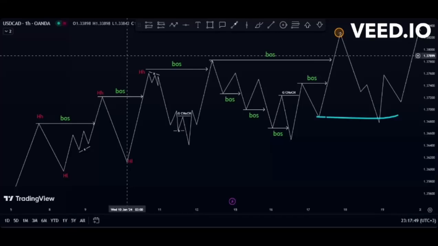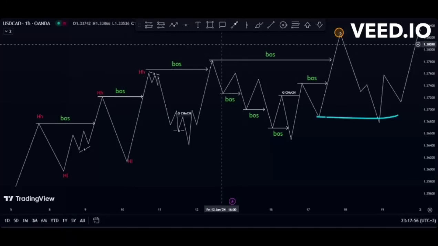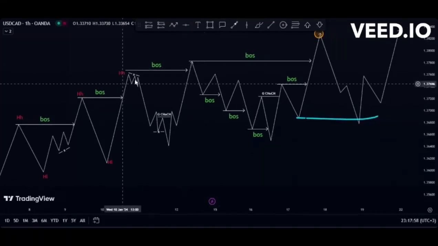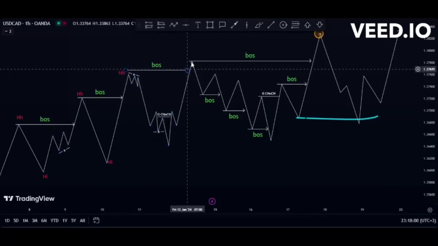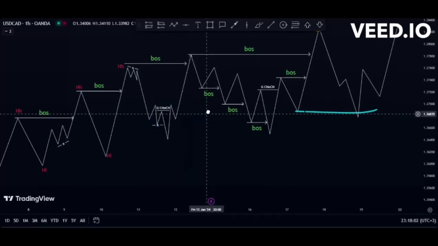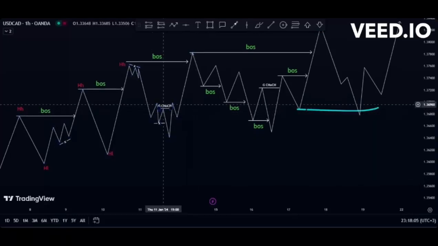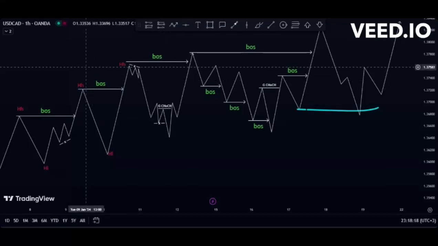But for that you need to really understand, especially the lower time frames. So we have these breaks of structure, and we also have what you call good change of character. We have another one called fake change of character, but you need to be able to utilize both. In both cases, you need to be able to trade.